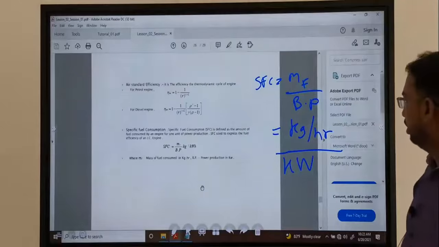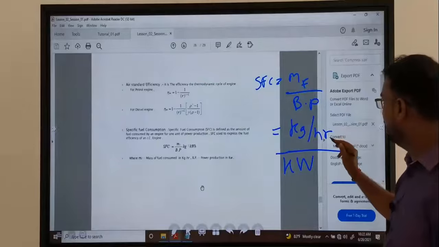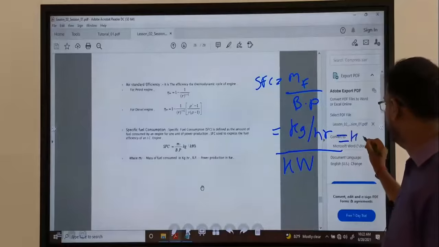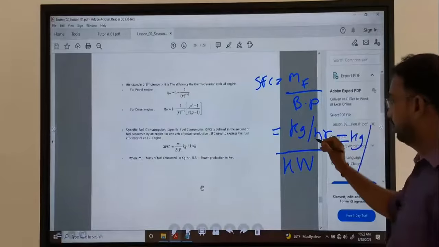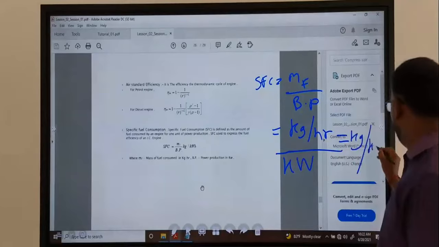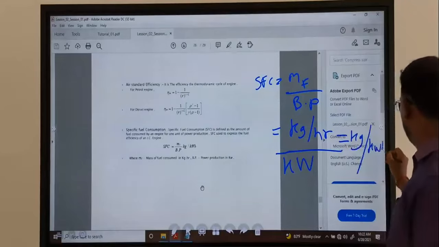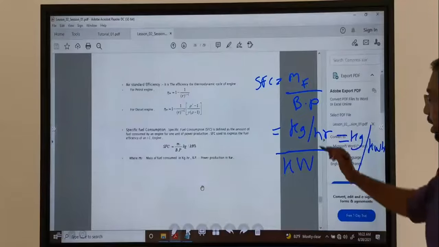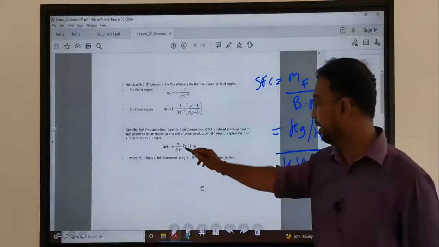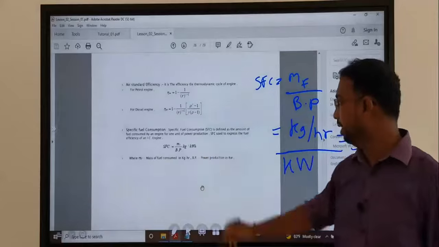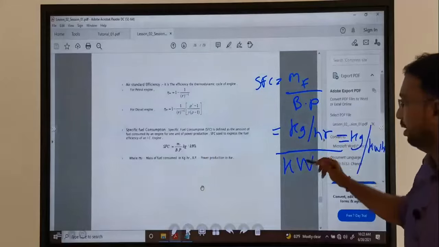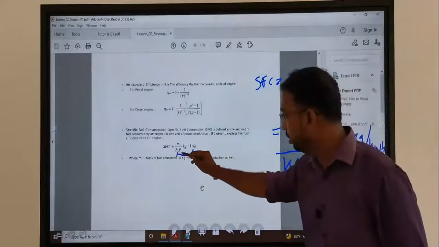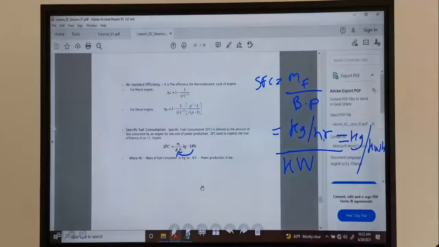So this is the equation, we can write kilogram per kilowatt hour. This kilowatt comes from this brake power.